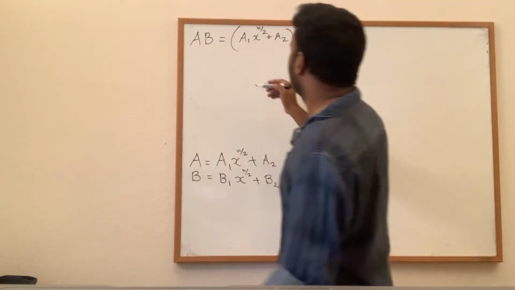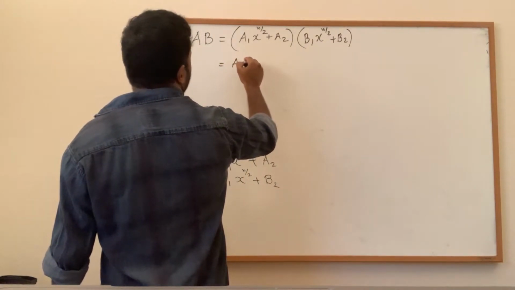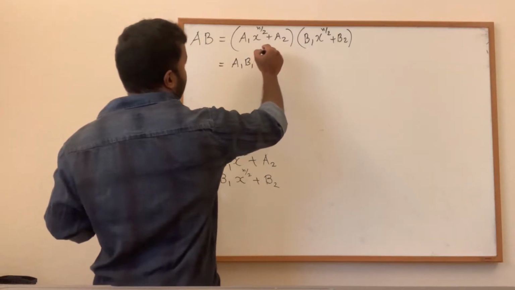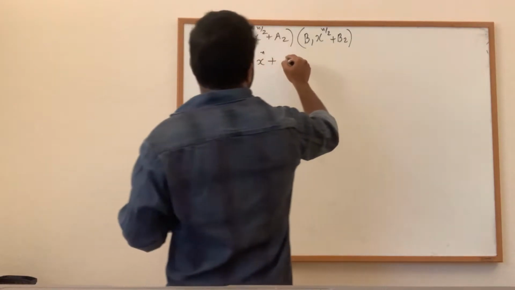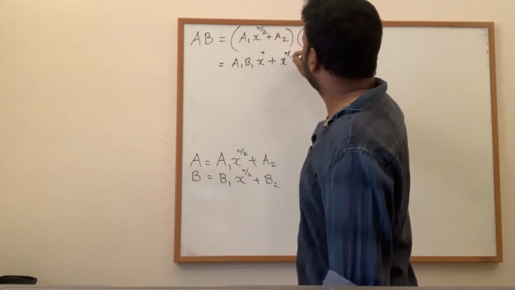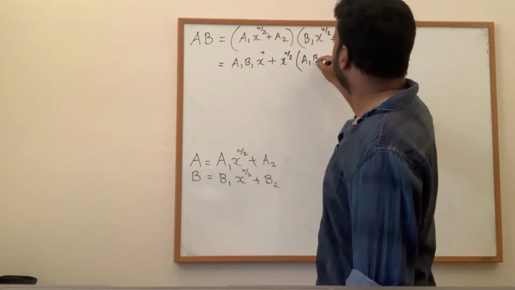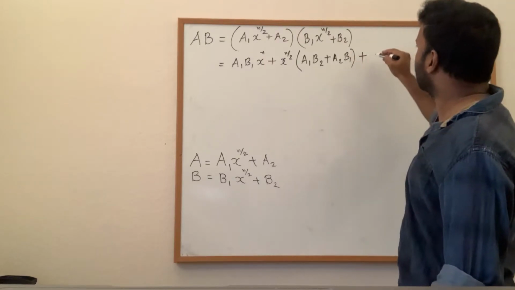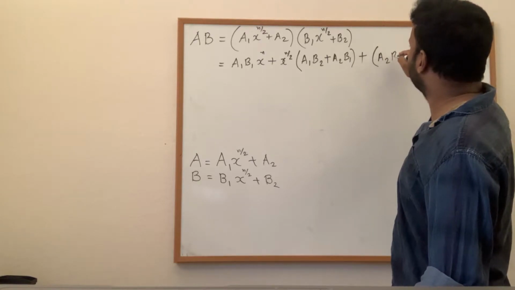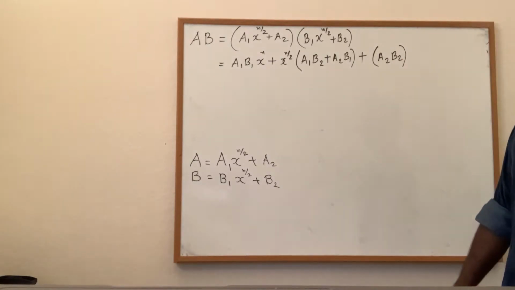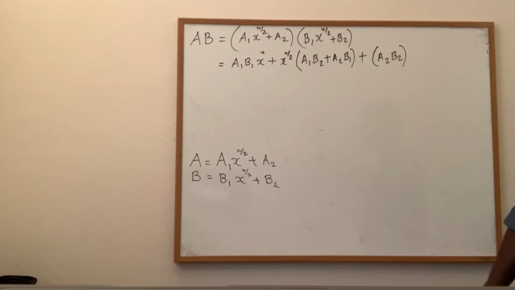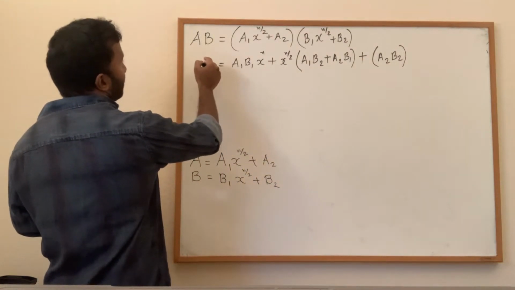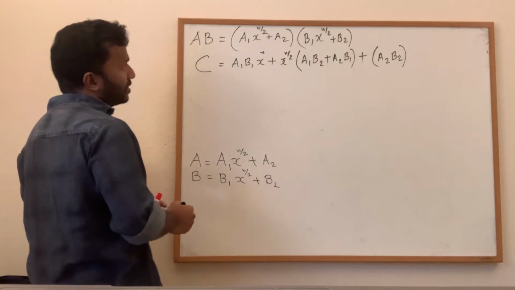And this, if I expand, what I'm going to get is A1 B1 x raised to n over 2 multiplied by x raised to n over 2, that is x raised to n, plus x raised to n over 2 times A1 B2 plus A2 B1, plus A2 B2. All right, so this is the multiplication, which I'm going to call C.